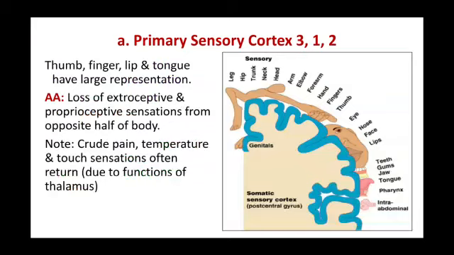Thumb, fingers, lips and tongue have a large representation. In applied aspects, there is loss of exteroceptive and proprioceptive sensations from the opposite half of the body. Note, crude pain, temperature and touch sensation often return due to the functions of the thalamus.